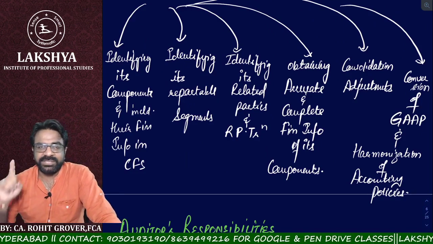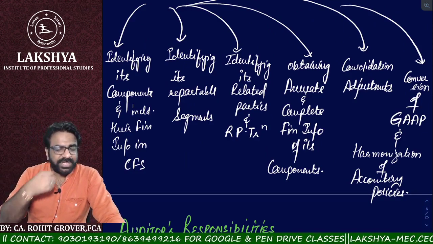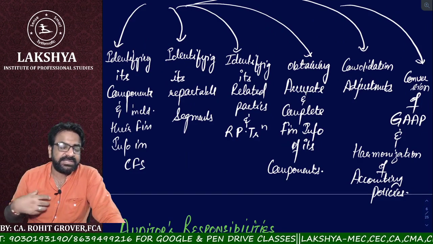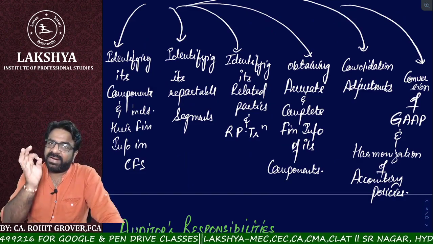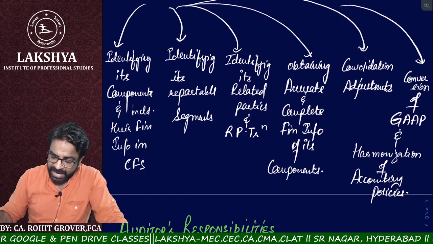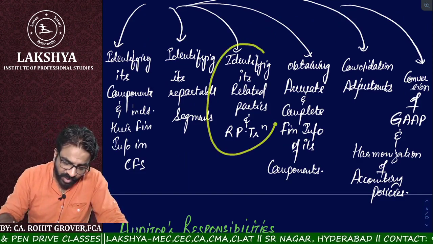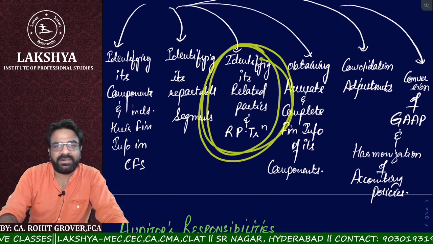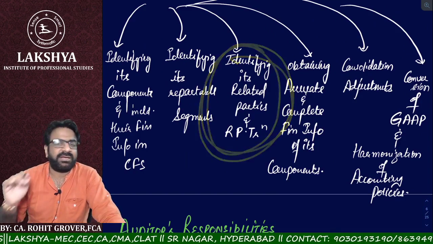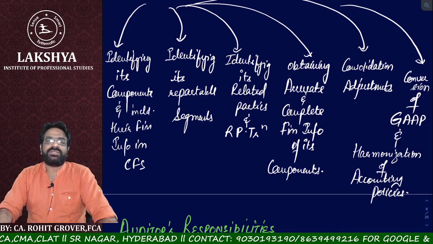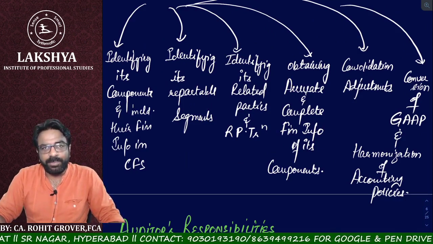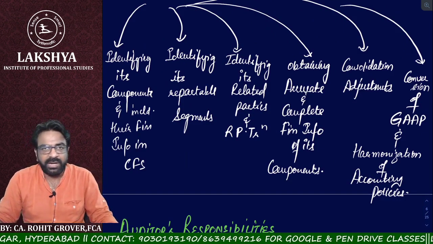Related party, Section 188. So it is not the auditor's responsibility; it is the parent's management's responsibility to ensure that they have identified their related parties, as well as those related party transactions which have been entered with them. As you all know, we have to disclose it in our auditor's report, and we have to make an opinion on this particular topic also in our auditor's report.